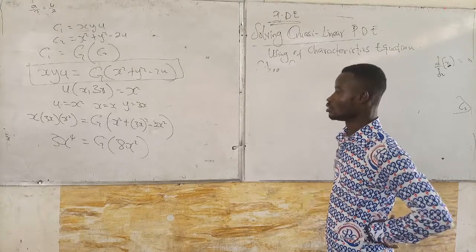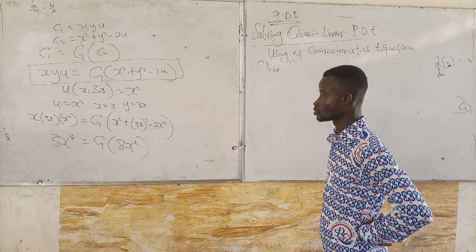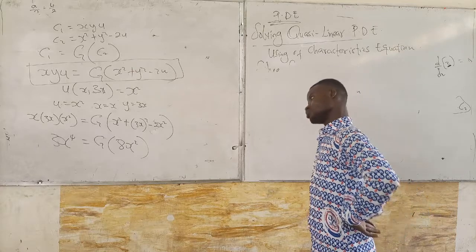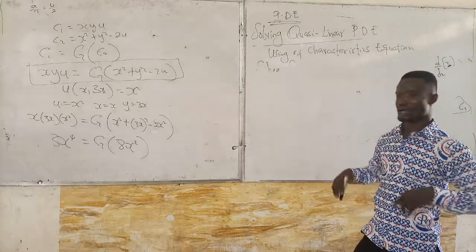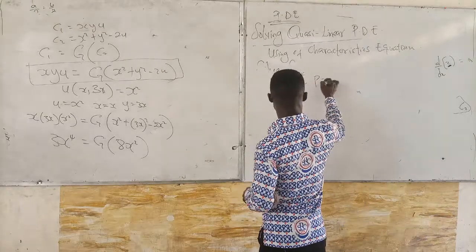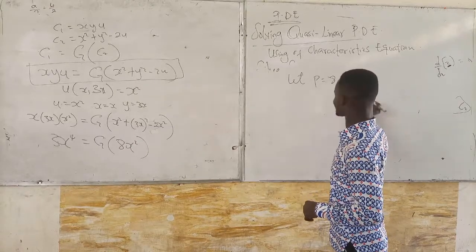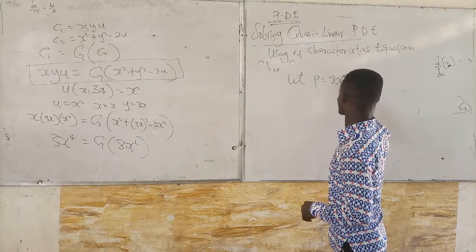Okay. So what is going to be? Let p be the 8x squared.